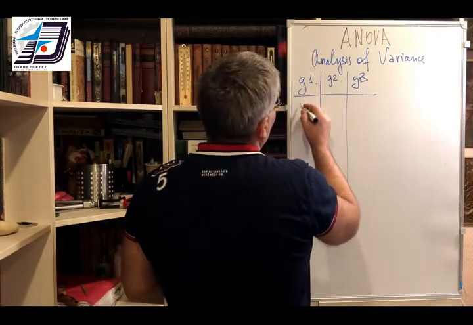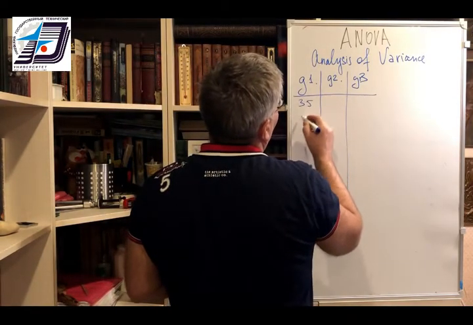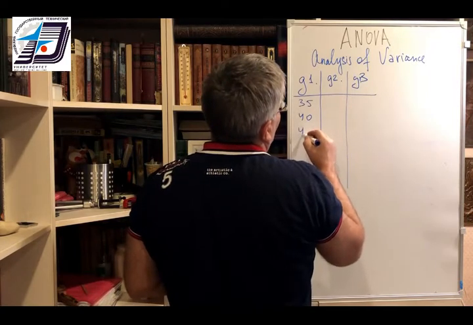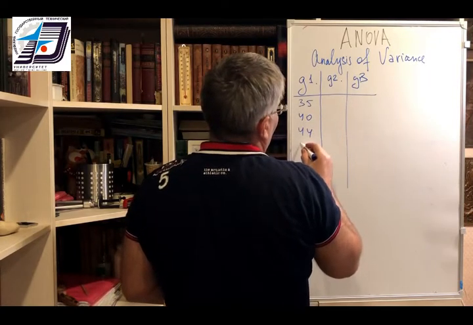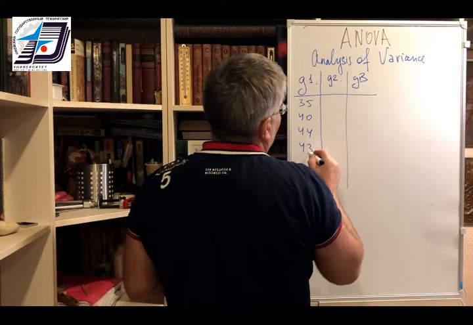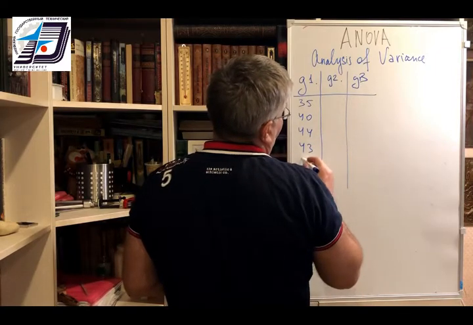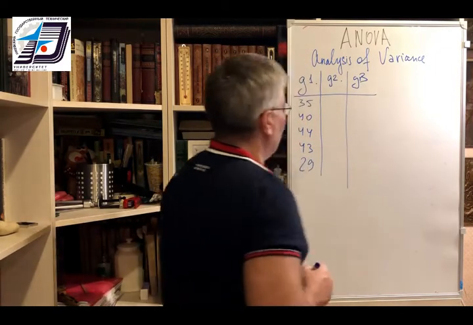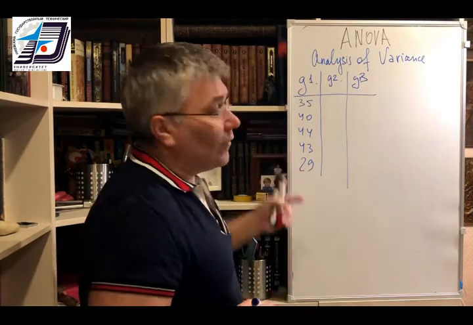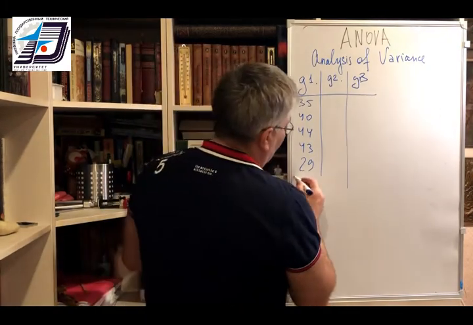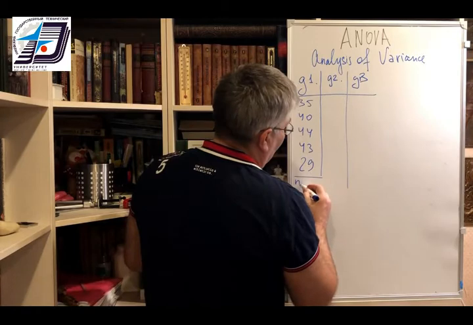For example, the first group has grades 35, 40, 44, 43, and 29. So here we have 5 students, and n1 equals 5.